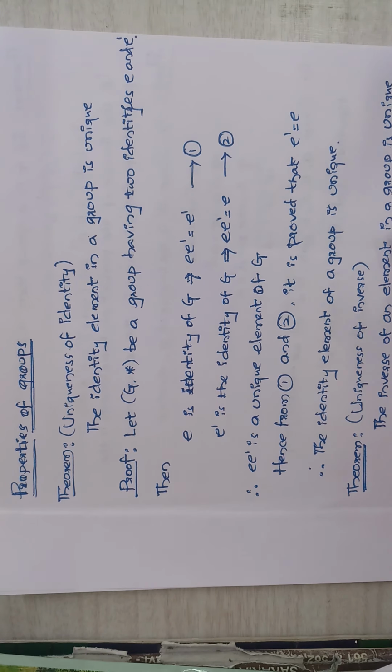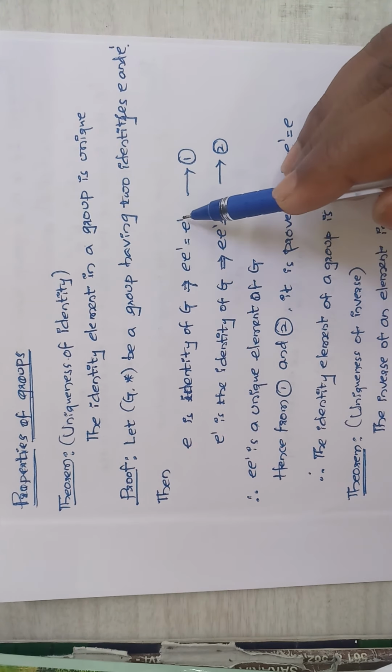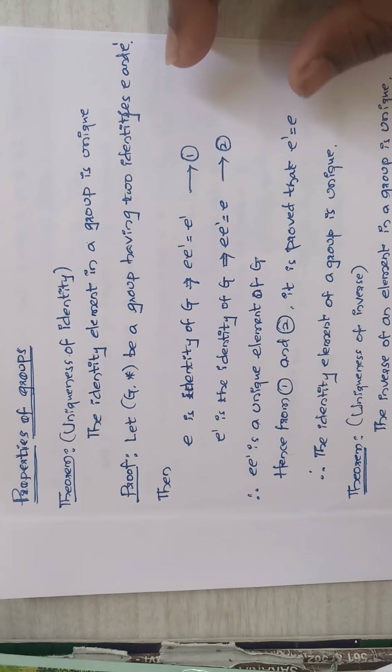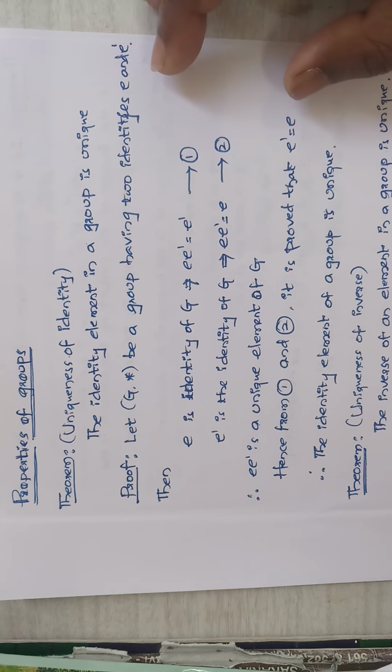Therefore these two are equal to each other, therefore E dash equals E. Therefore the identity element of a group Z is unique. So a 2 mark question will be asked on these types of results.